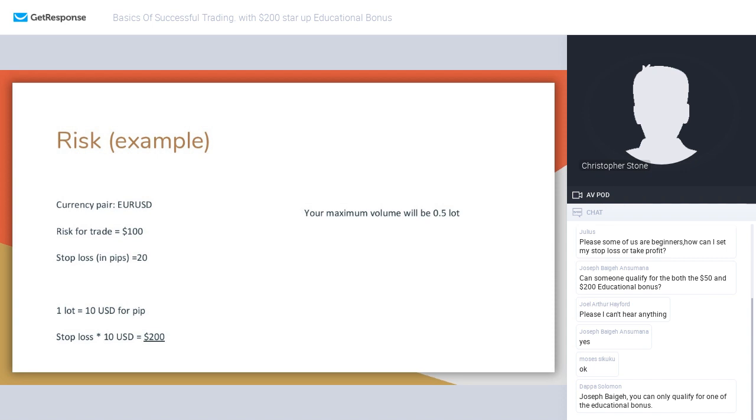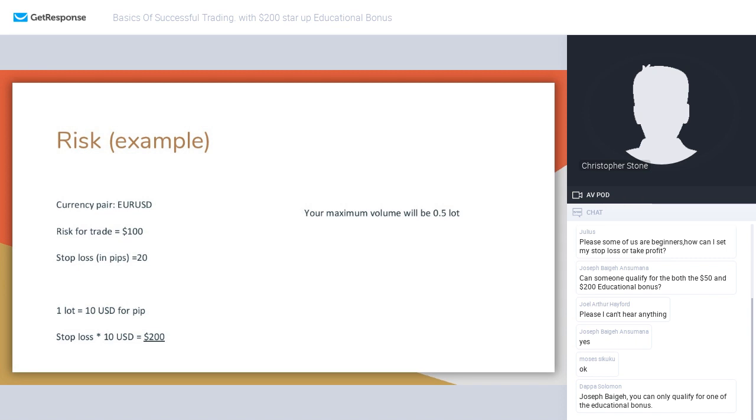For example, you are trading the euro dollar currency pair, a major pair, one of the main currency pairs. Let's set our risk per trade at $100, with $10,000 on our account.